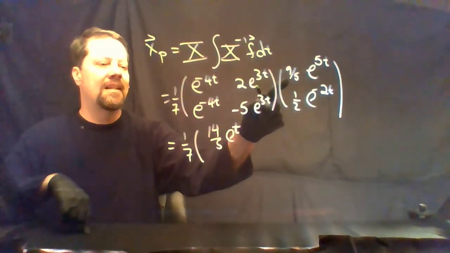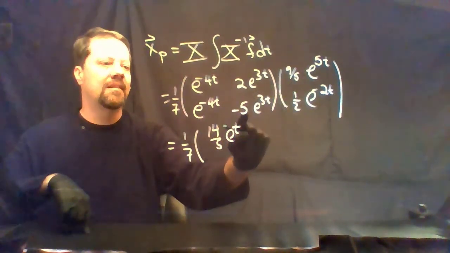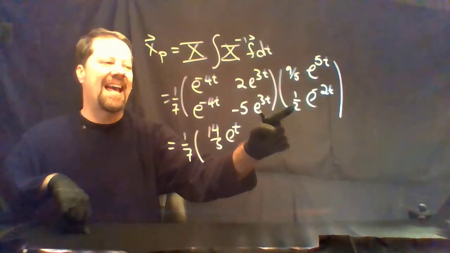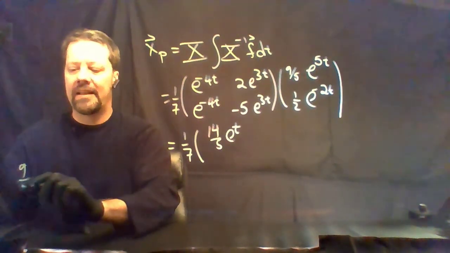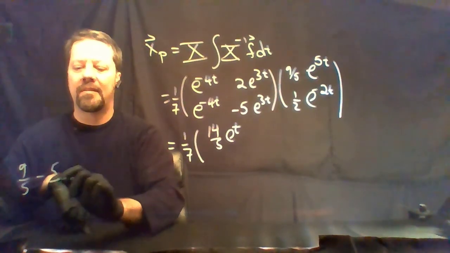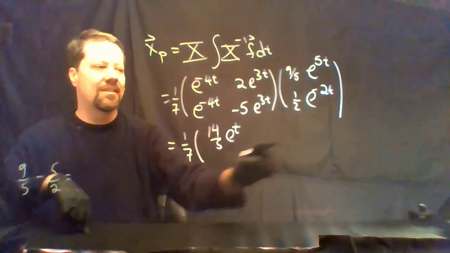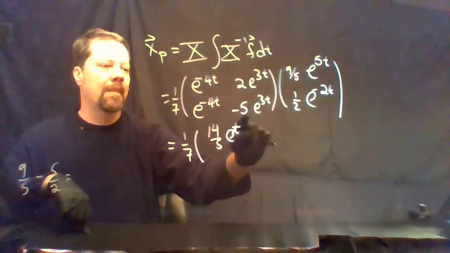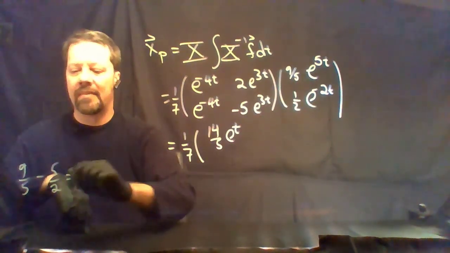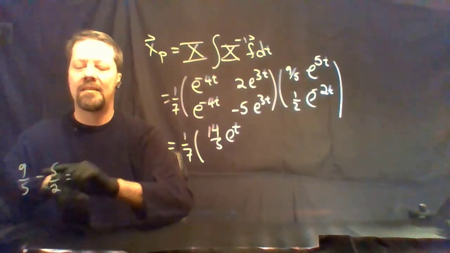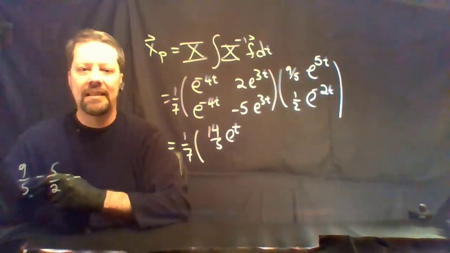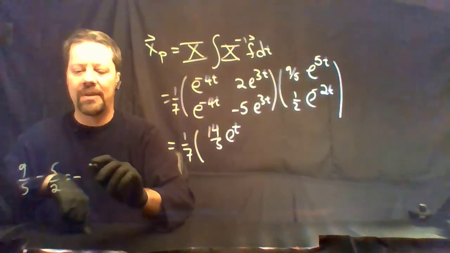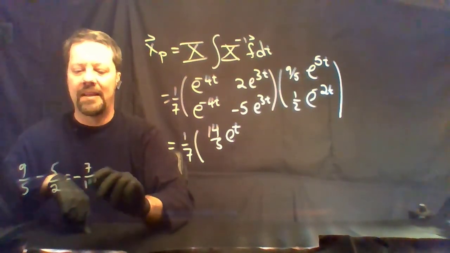Then we get 9/5 e to the t and negative 5/2. So let's calculate this. We had 9/5 minus 5/2 e to the t. That's going to be 18 minus 25. The answer will be negative. 18 minus 25. What is that? Minus 7/10.